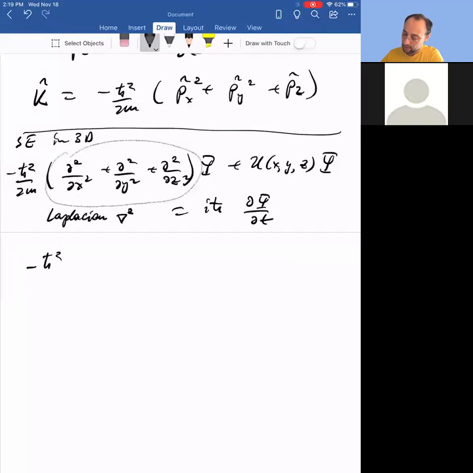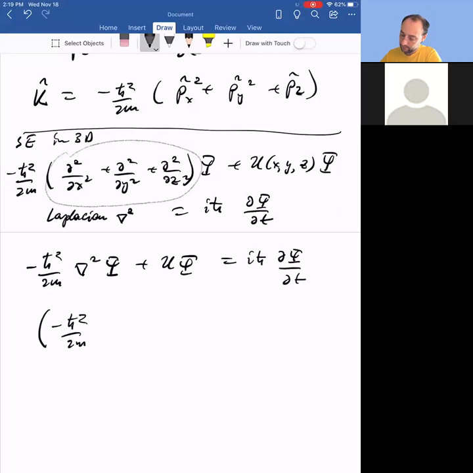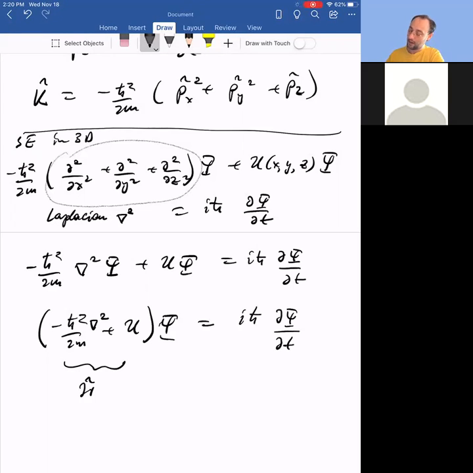And then the 3D Schrödinger's equation looks less scary if you write it like that. Or you can write this in operator form: a Hamiltonian operator operating on the wave function gives iħ times the time derivative of the wave function. So this is really the 3D Schrödinger's equation.